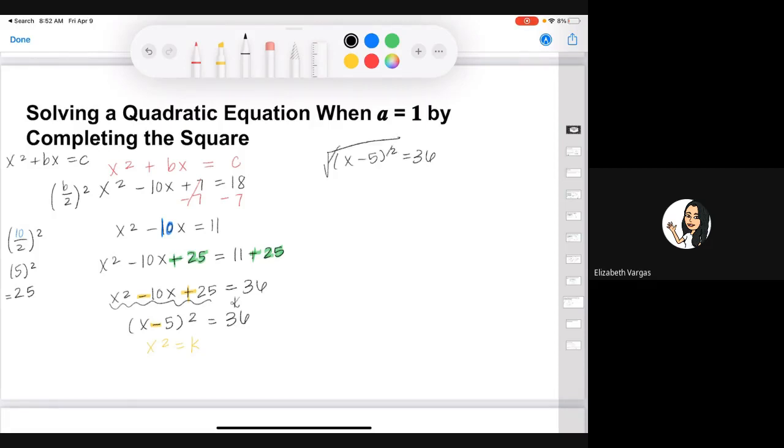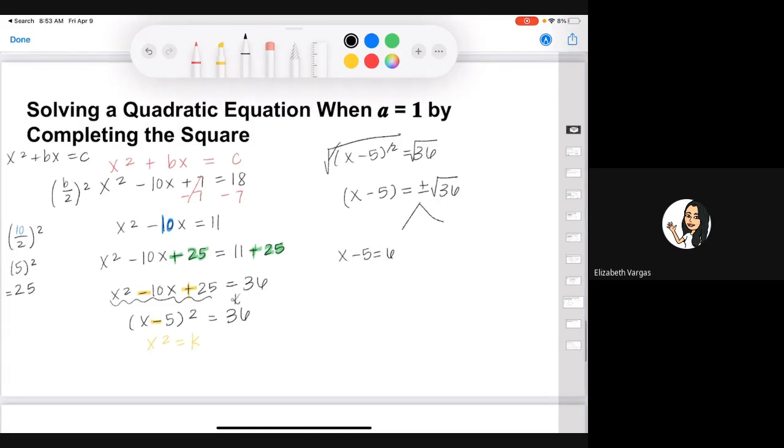So I take the square root, and I get x minus 5 needs to be equal to the positive and the negative square root of k. The positive square root of 36 is 6, and the negative square root of 36 is negative 6.